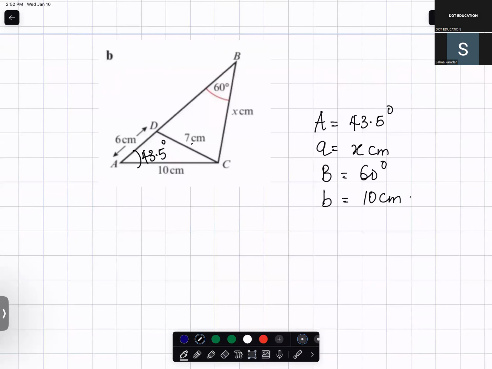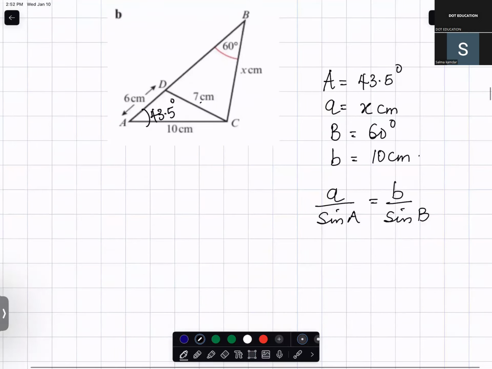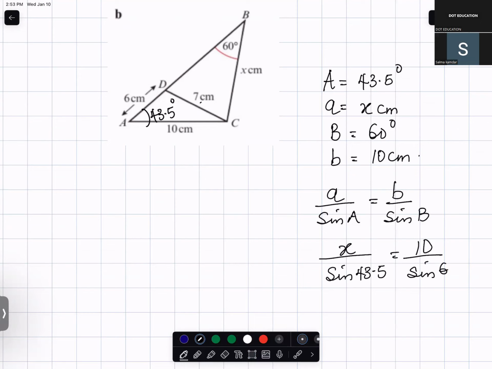So we can apply our sine rule here as A divided by sine A equals B divided by sine of B. So we have X divided by sine 43.5 equals 10 divided by sine 60.